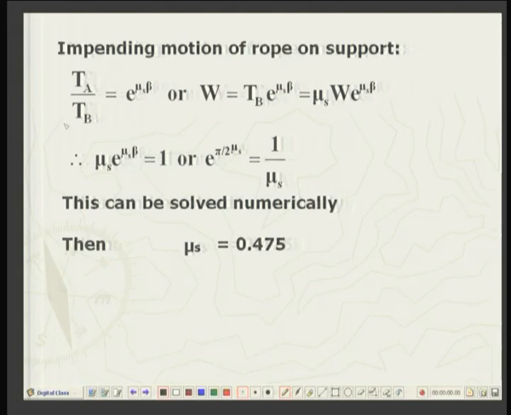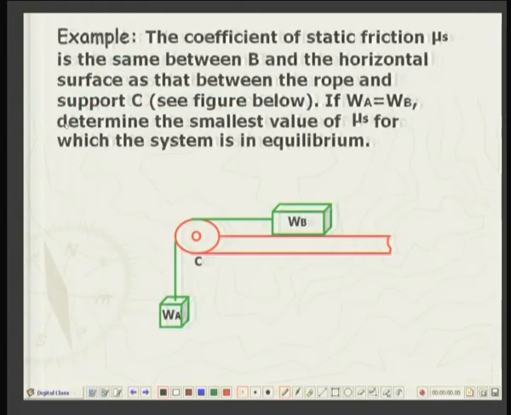So, TA over TB, look here, when the slip takes place between the rope and the support C, at that time the block will also just begin to slip.